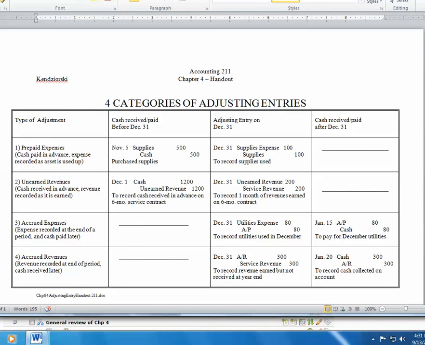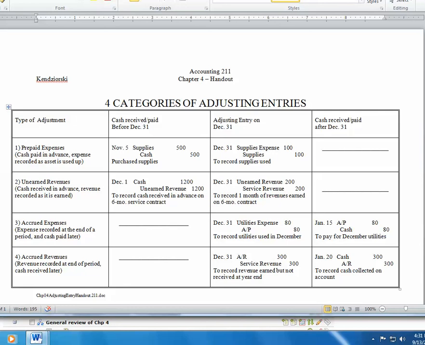Anyway, there are 4 categories or types of adjusting entries, and you will eventually need to know the name of each of the 4 types of adjusting entries and the definition of each of those types. On this sheet, we're going to assume that we have a company that only makes financial statements and their annual report just once a year.